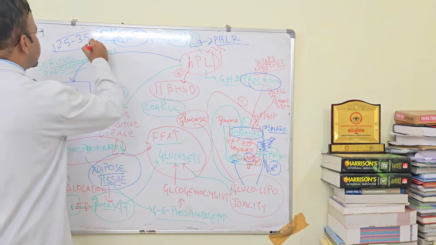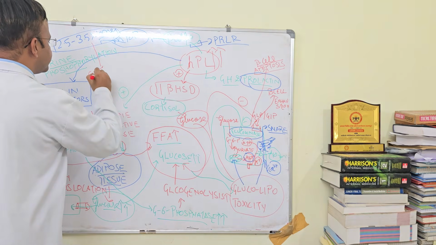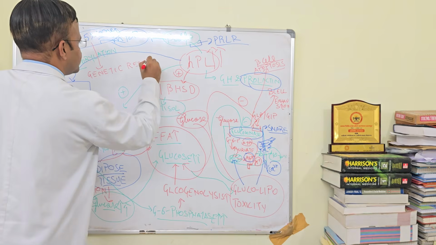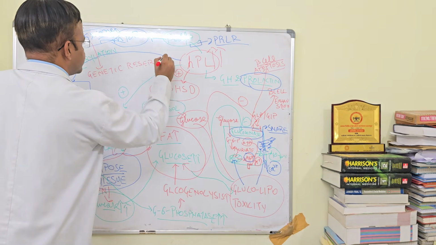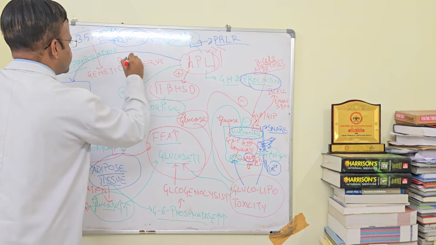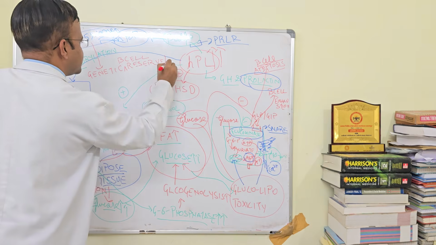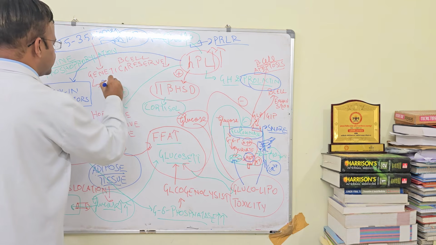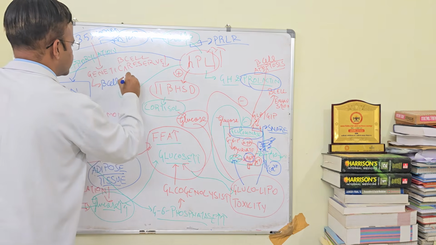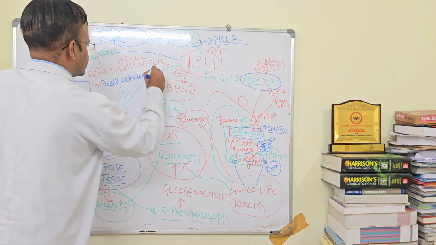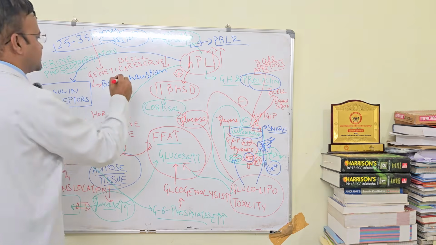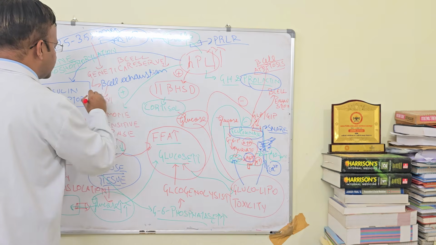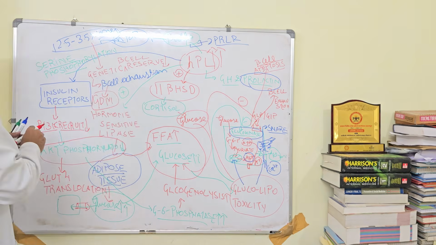So just in case your genetic reserve is not there, this will lead to beta cell exhaustion and diabetes, and ultimately what we say, GDM, gestational diabetes mellitus, right?